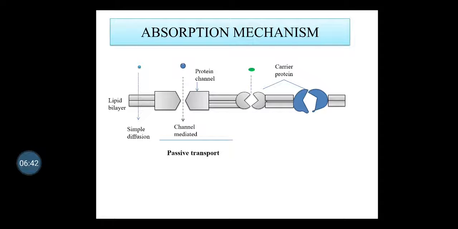This is the transporting molecule which binds the carrier protein, passes through the biological membrane and reaches the targeted organ. It is called the active transport mechanism. Here you see the red molecule attached to the protein carrier, and then it is passed through the carrier mediated process. It is totally called the active transport mechanism.